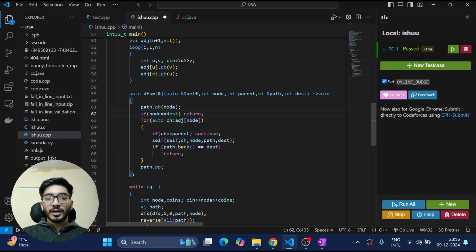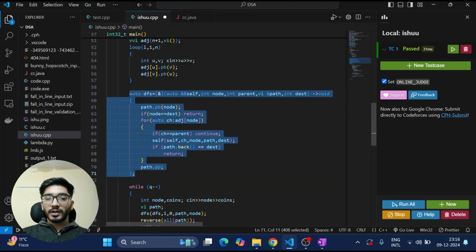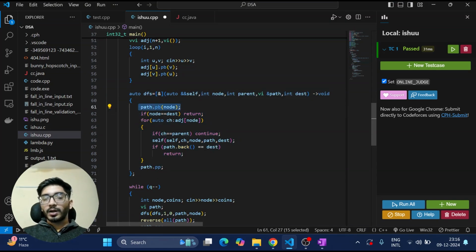So that's how this DFS function gonna work, that we are gonna put our node into our path, and if that node is part of destination, we are returning it. Similarly, if during these DFS calls the last node in the path is destination, we are gonna return, otherwise we are gonna keep calling this DFS and going into the depth, and from here we are backtracking simply.